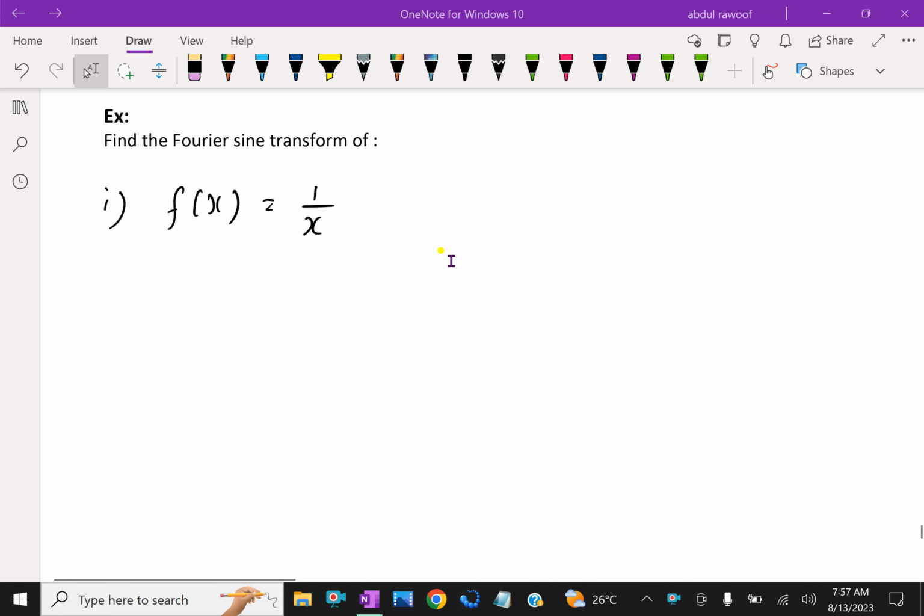Look at this example. Find the Fourier sine transform of f of x equal 1 over x.